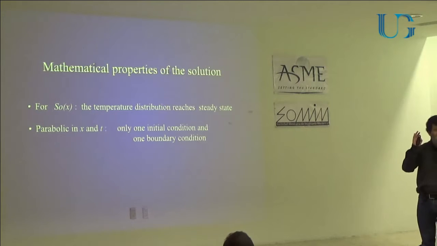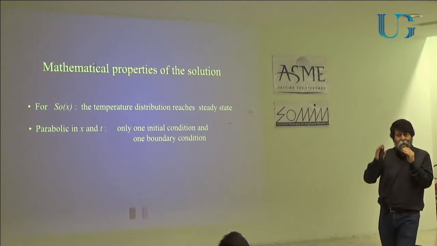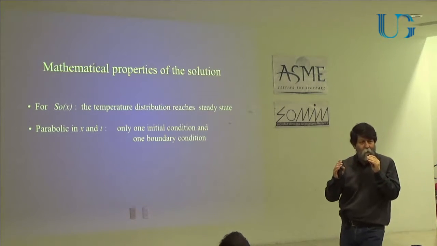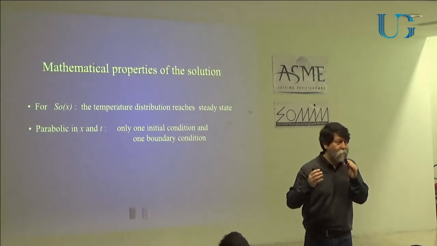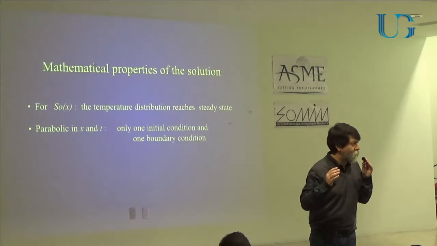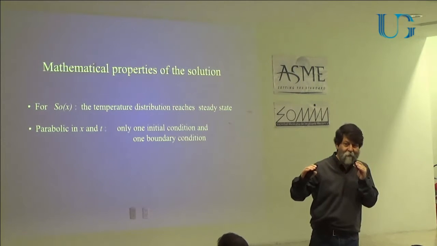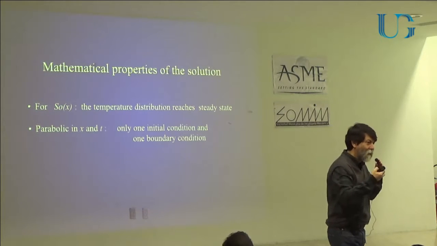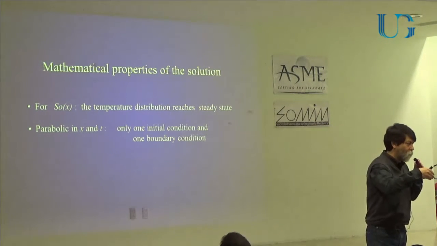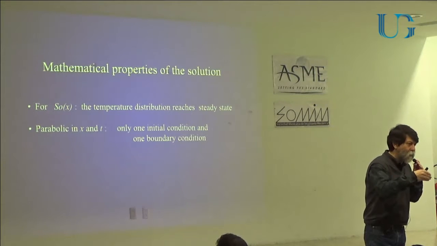That's an interesting property of our system. Why? Because the system gets heated up, but if we wait long enough, then it will reach steady state. And we will be extracting the heat that is being input through the light beam.